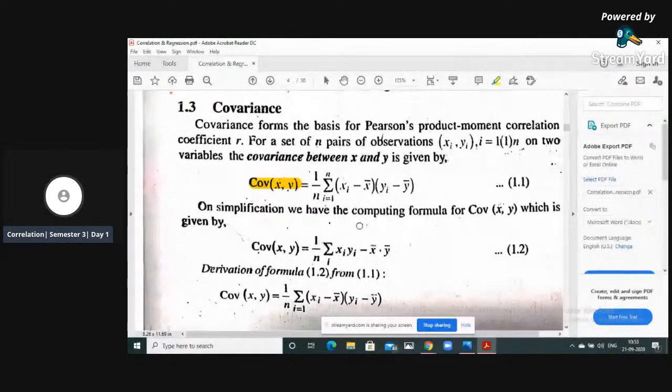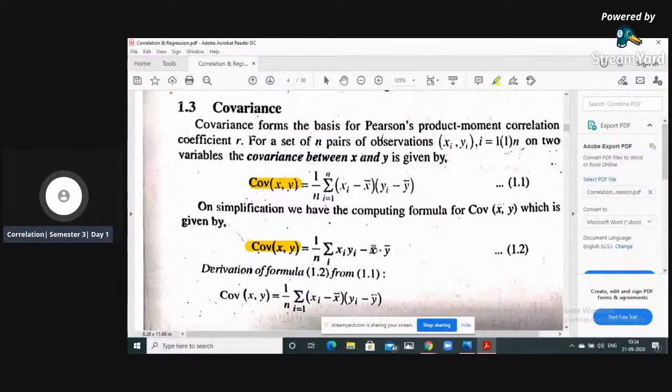On simplification, if you break these brackets, covariance of xy is given by 1 by n summation xi yi minus x bar y bar.